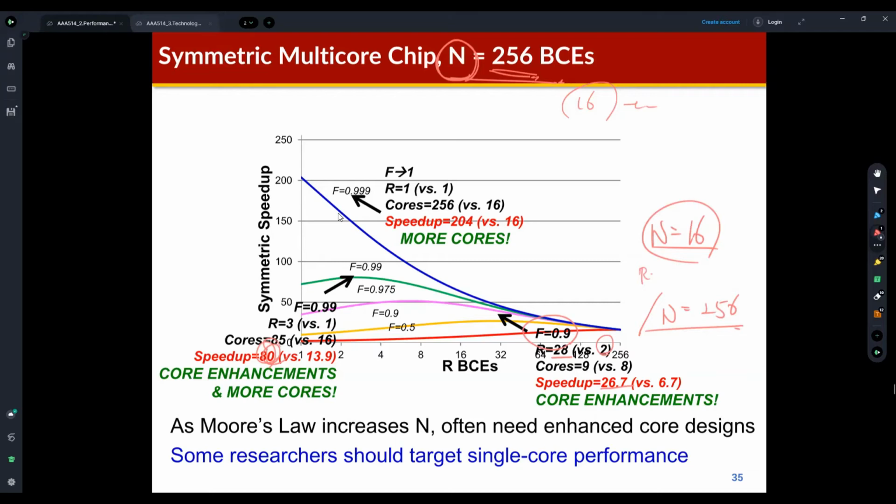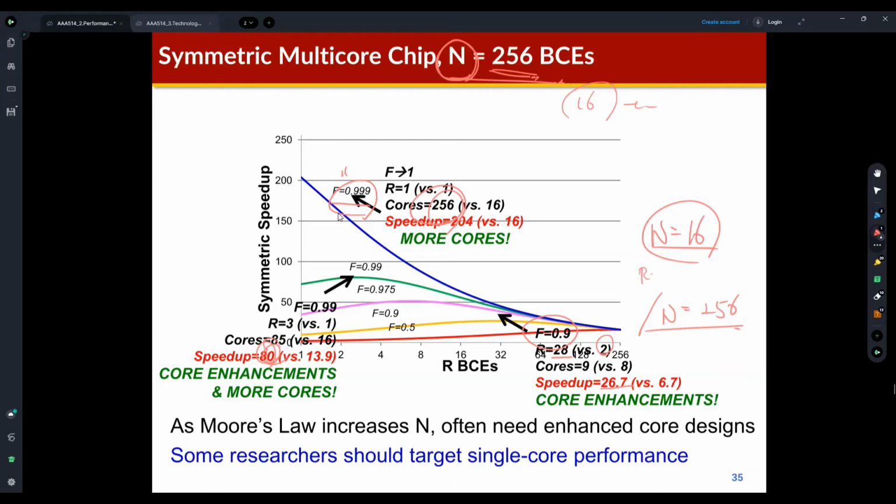So if F becomes 0.999, in this case most of the part is parallelizable. So the number of cores is 256. They are very small, very wimpy cores, but a very large number of wimpy cores are included in the single chip, and then we can achieve very high performance in this case.